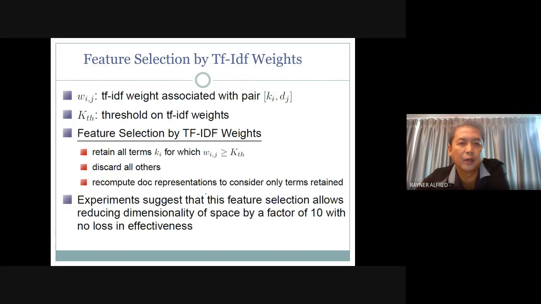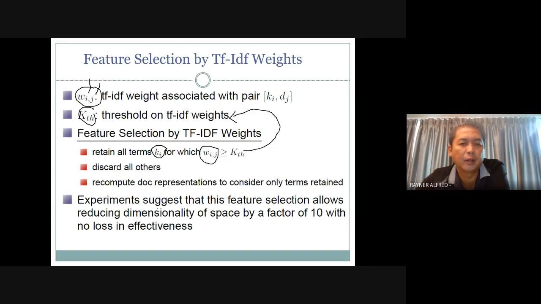In terms of TF-IDF, we have the weightage for the individual document based on the keyword that we have. Let's suppose we have a threshold. What we want to do is keep only the keywords for which the weightage is greater than or equal to the predefined threshold.